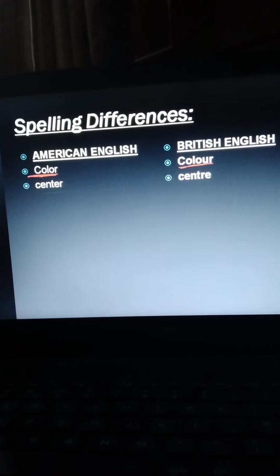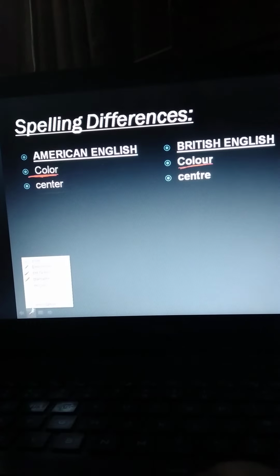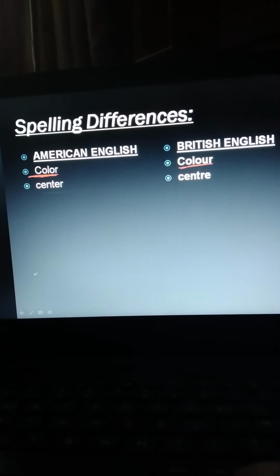Look at the spelling of color, which is different in American and British English. And also look at the spelling of center, which is different from British English.